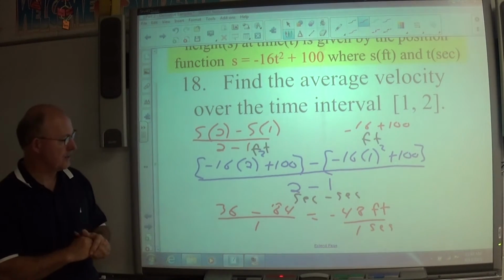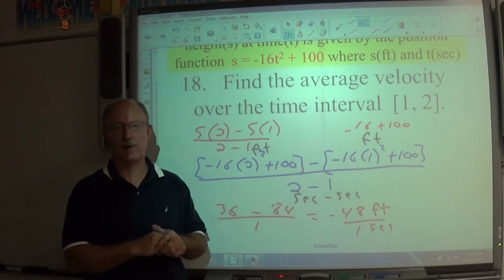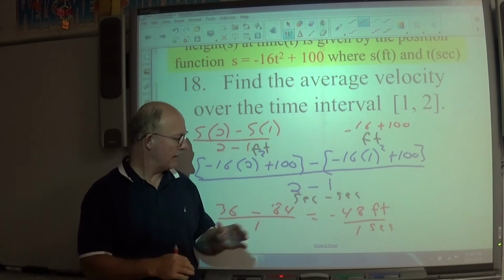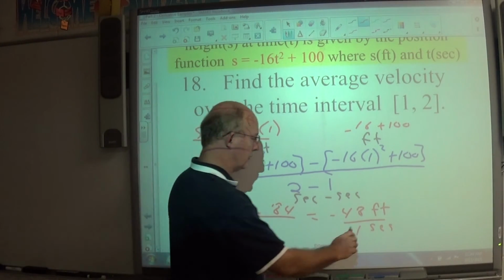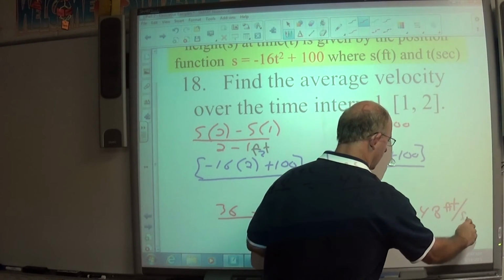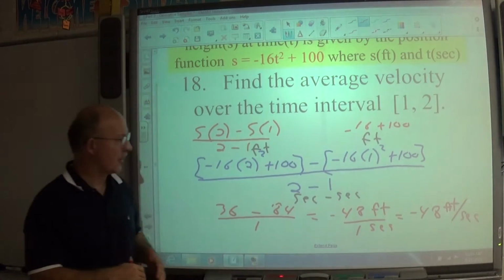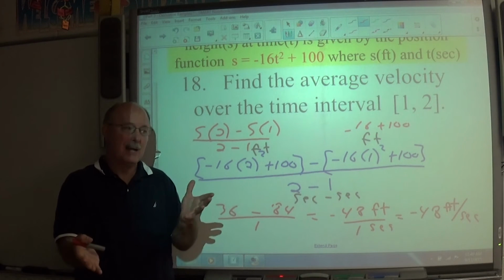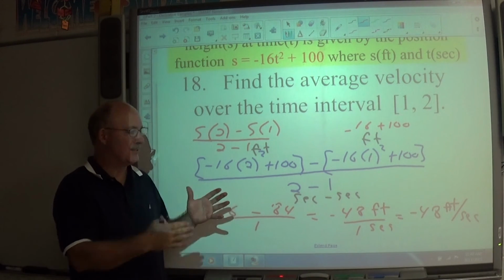So as you do your calculation there, this will be our average velocity: negative 48 feet per second. Remember, this is the slope of our secant line on your distance time curve.